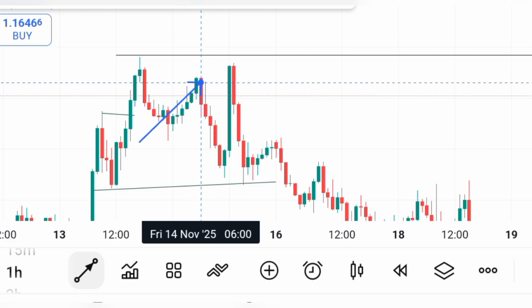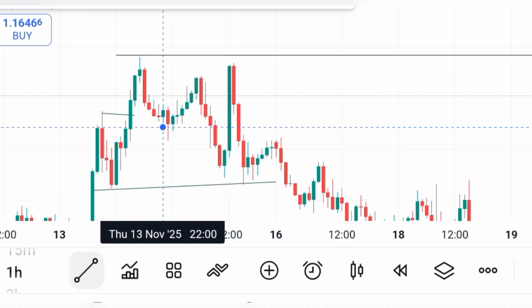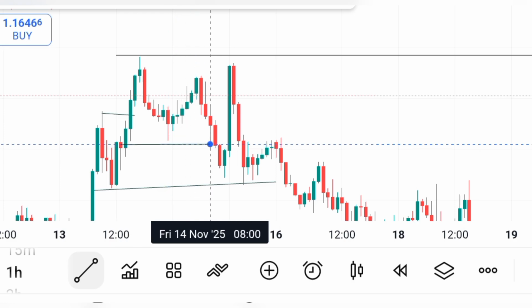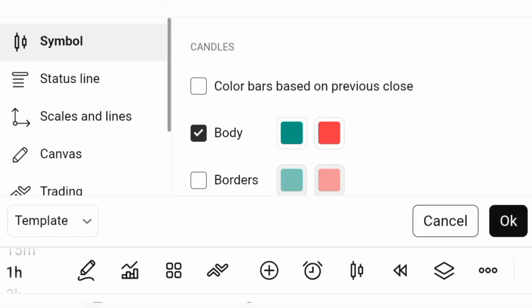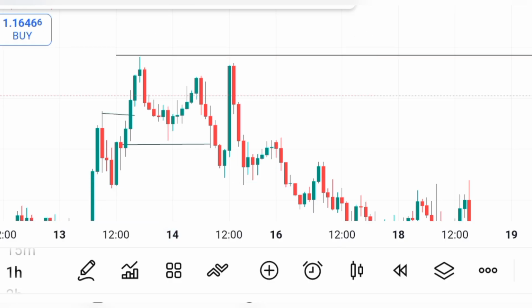And when it creates a higher low, remember it had left this low from below here. That means our role was to wait for that low that the market had left to be broken. When that low is broken, it would confirm to us that we are bearish.